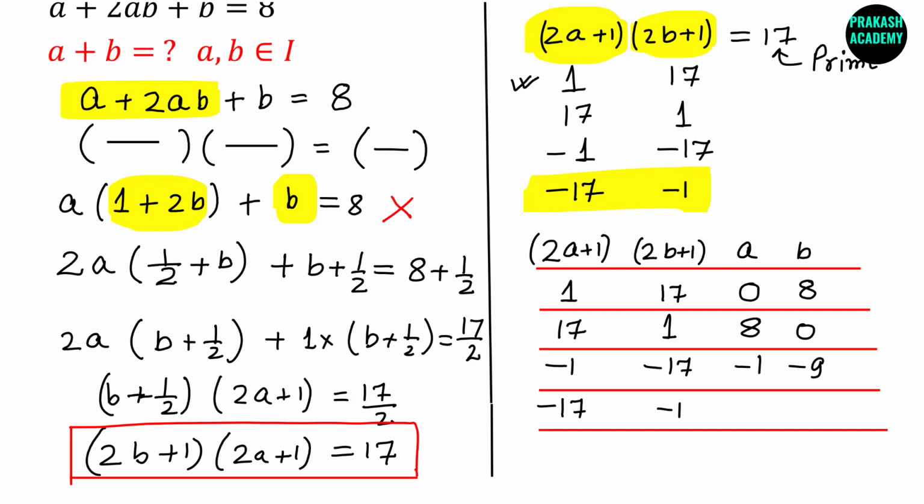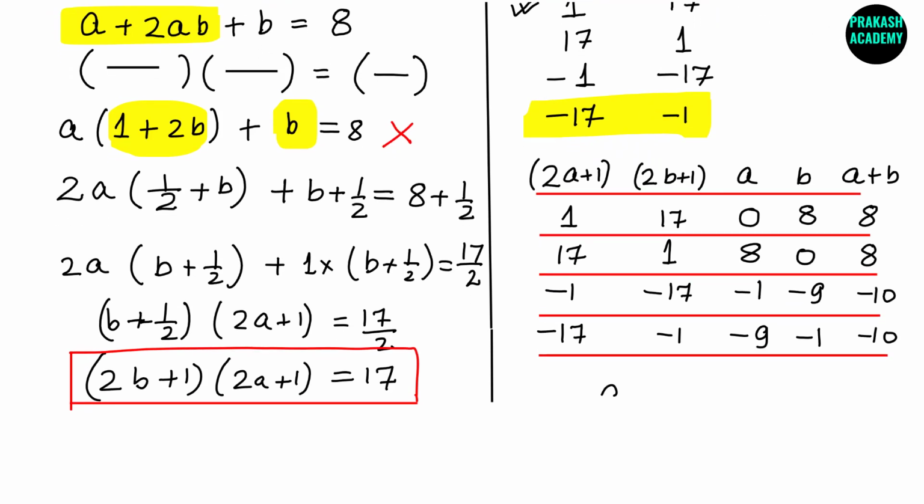In this case, we will have -9 and -1. Now we have to find a + b. The problem says find the value of a + b. So a + b will be 8 in this case, again 8 in this case, -10 in this case, and -10 in this case. So possible values of a + b can be 8 or -10.